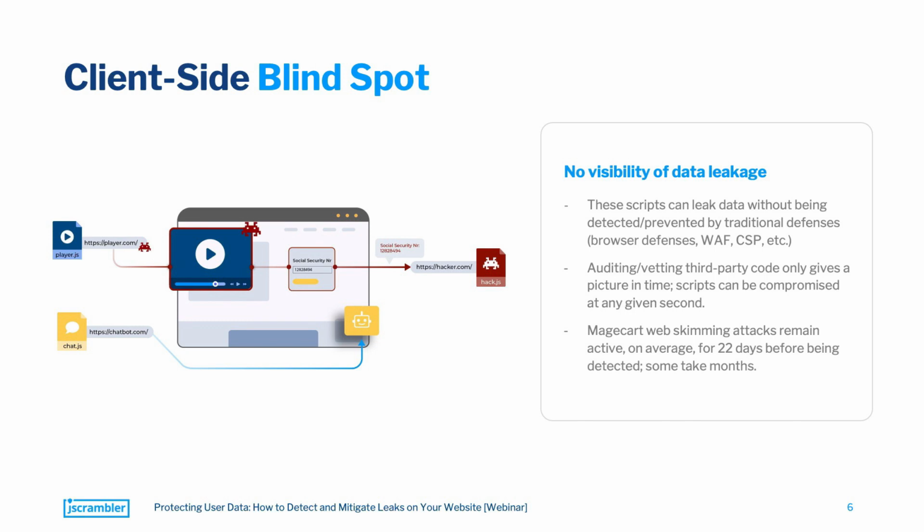Now, we've seen thousands of companies fall victim to these attacks. And on average, it takes around 22 days to detect the attack itself. So just the attack. During this time frame, the data of every single user that makes a purchase can be and is often leaked. So today we have more than enough proof that attackers are actively attacking these third-party scripts, and they're launching these web supply chain attacks.